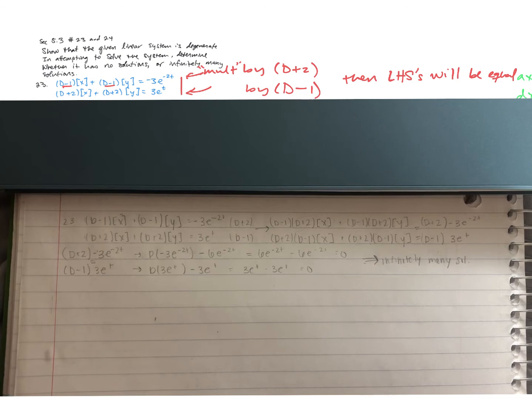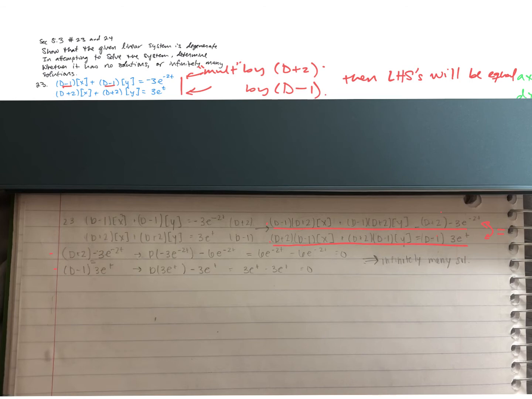So she did both of those operations here and here. The left-hand sides are equal, so that means that these two have to be equal. And the right-hand sides are what you get by operating d plus 2 and d minus 1 on those exponential expressions. Operating on it means taking derivatives.